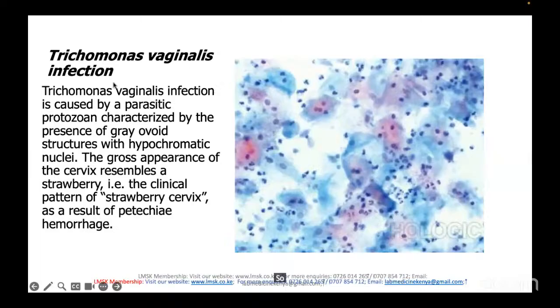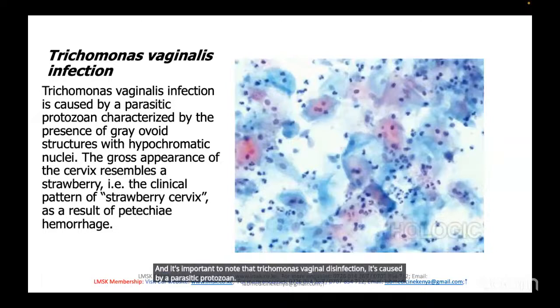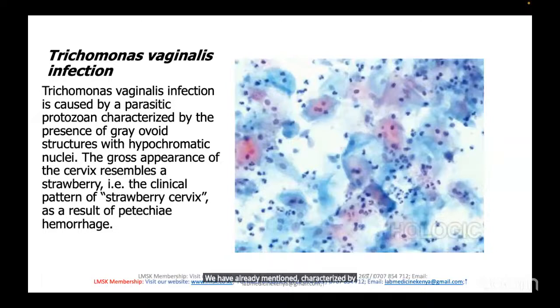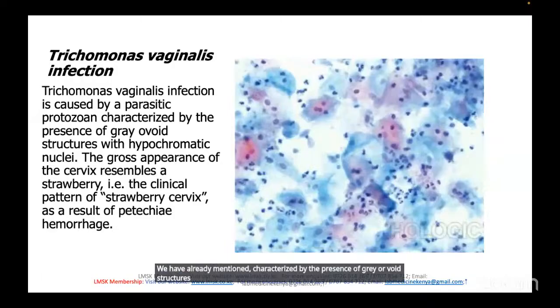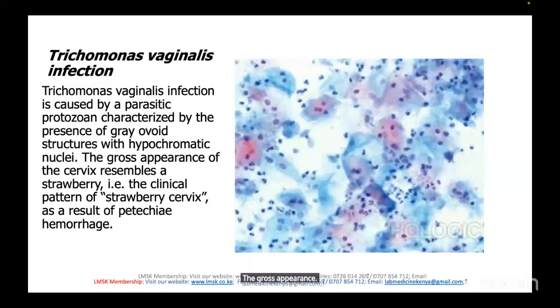So the Trichomonas vaginalis infection, again, to show you a photomicrograph, it's important to note that Trichomonas vaginalis infection is caused by a parasitic protozoan we have already mentioned, characterized by the presence of gray ovoid structures with hypochromatic nuclei. The gross appearance of the cervix resembles a strawberry.